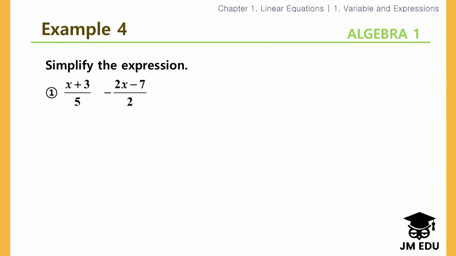Example 4. The question is to simplify the expression. For number 1, we have an expression in fraction form. So we're going to have to find the common denominator, right? Then the common denominator should be the least common multiple of these two denominators. So we have 5, and 2.